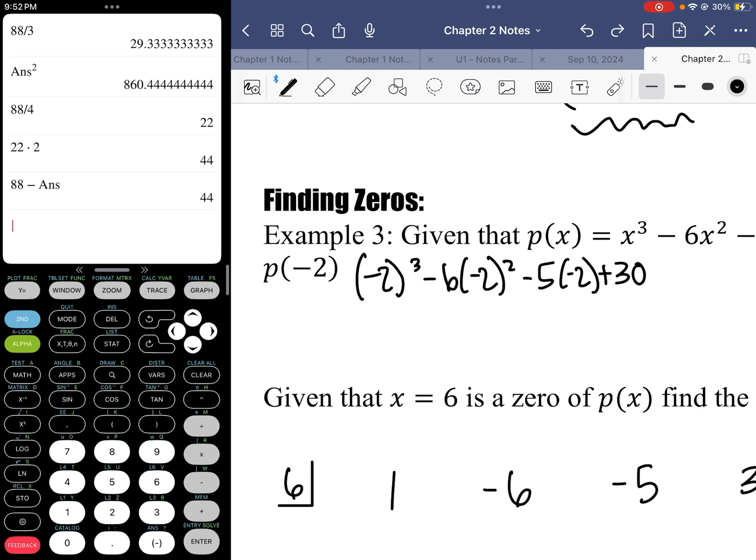Parentheses, -2, parentheses, oops, I missed a negative there. -2, parentheses, to the third power, minus 6 times -2 squared, minus 5 times -2 plus 30, which comes out to be 8.